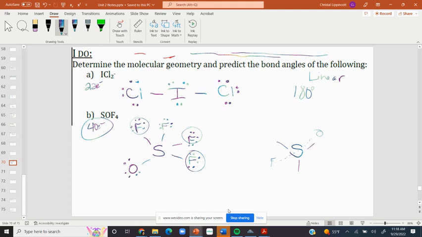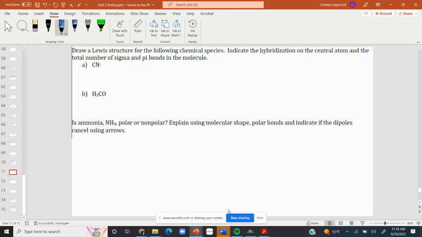Does that make sense? So that's what we're talking about. So these would be going around, and then you've got them coming up and down.